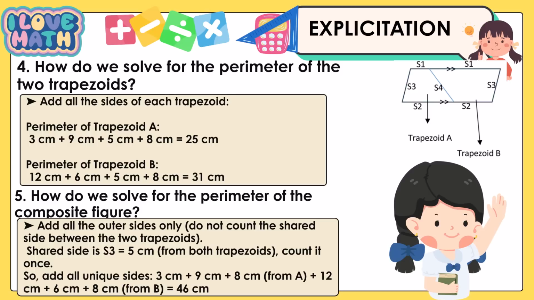From both trapezoids, count it once. So, add all unique sides. 3 cm plus 9 cm plus 8 cm, from A, plus 12 cm plus 6 cm plus 8 cm from B equals 46 cm.